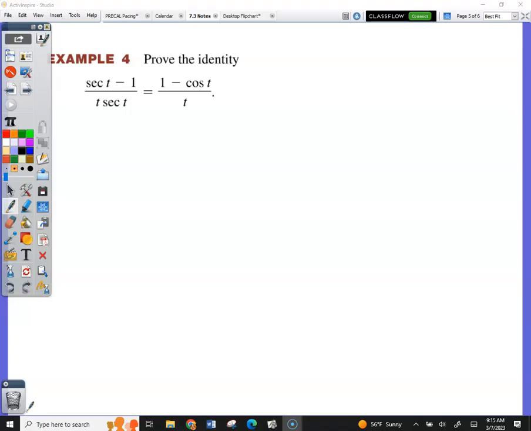I went with the left-hand side because the left-hand side has secant in it and the right-hand side has just cosine. So I took that as my indication that I'm going to manipulate the left-hand side, but my goal is to get the right-hand side.